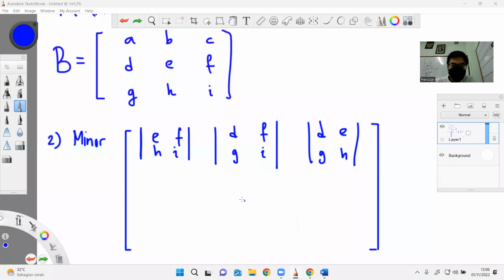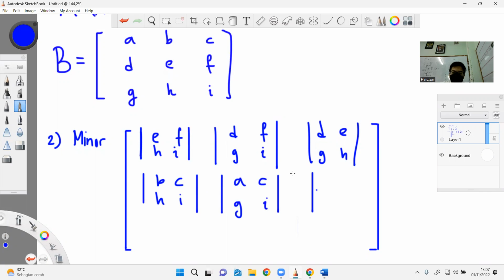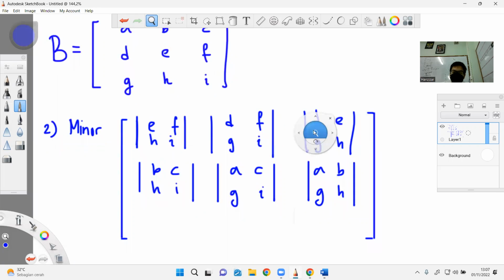And we continue on the second row. Second row, column 1: what is the rest? B, C, H, I. Write down B, C, H, I. And then row 2, column 2, A, C, G, I. Row 2, column 3, A, B, G, H. And we're going to go for the last row.